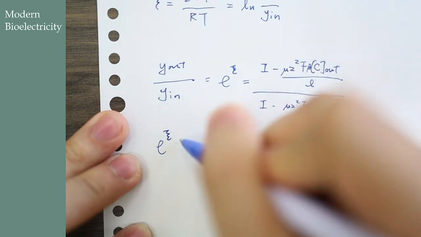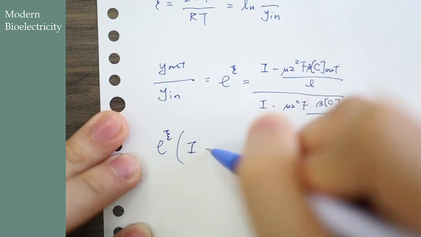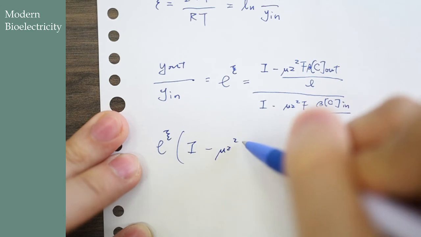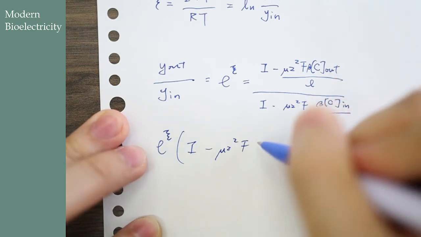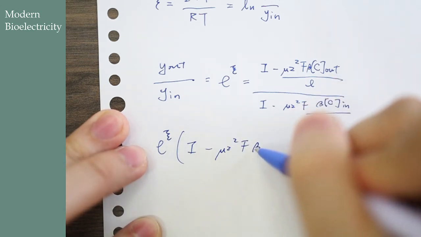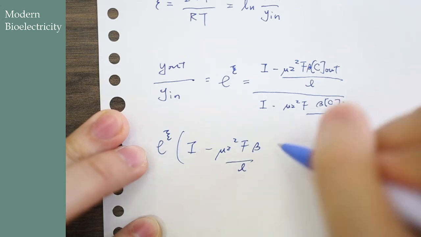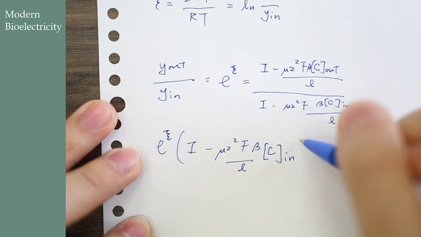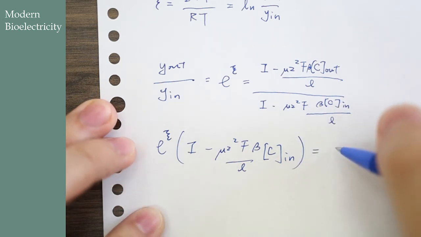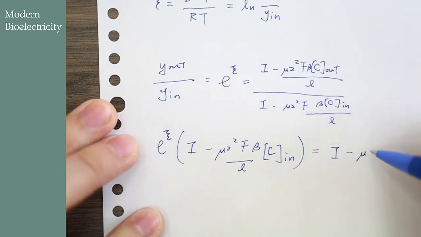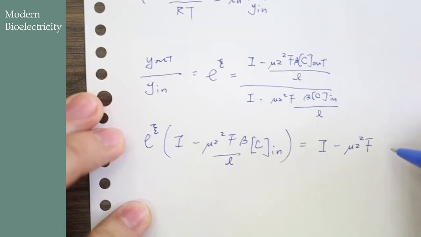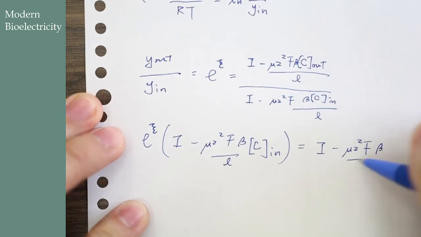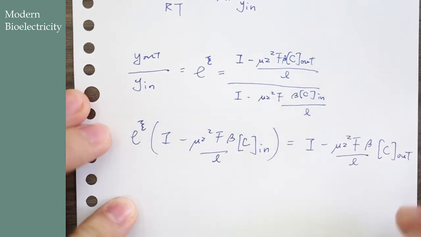Then we just move things around. We get E to C times I minus mu Z square F beta by L and C in equal to I minus mu Z square F beta by L and C out.